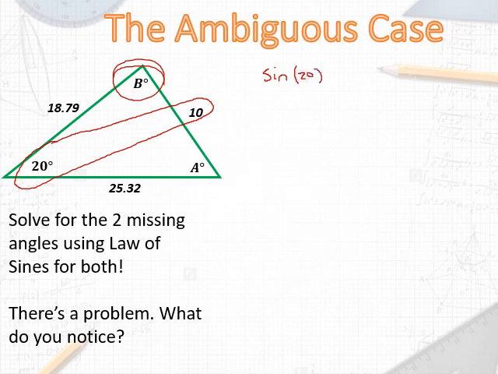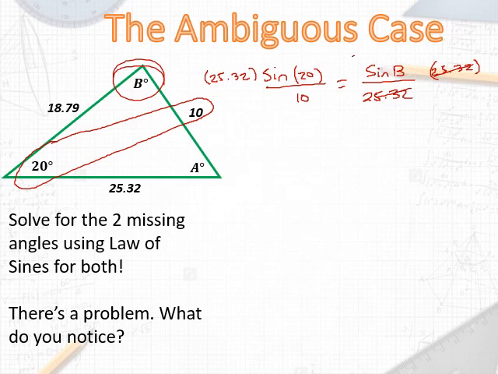Sine 20 degrees divided by 10 is equal to sine B over 25.32. So we multiply by 25.32 on both sides. So we're going to get 25.32 times sine 20 divided by 10, and then we're going to have to do sine inverse of both sides to get angle B on its own.